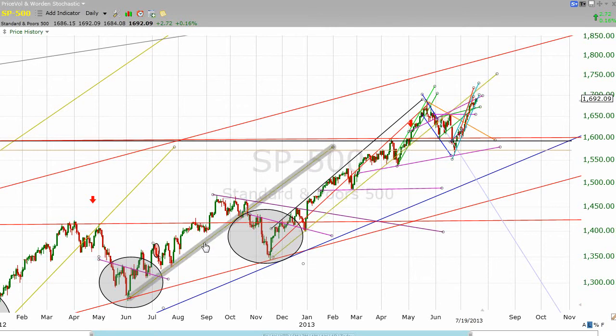Same thing is here. It broke at around 1440 or so, but then it came down, found bottom, and started a new rising channel below and to the right of this line. Same thing happened back here.